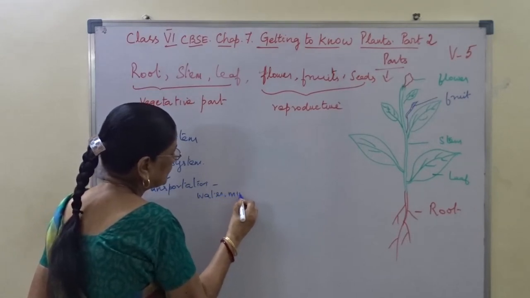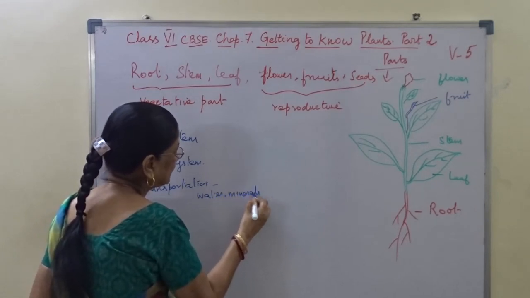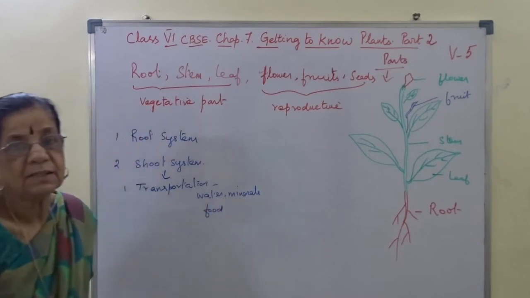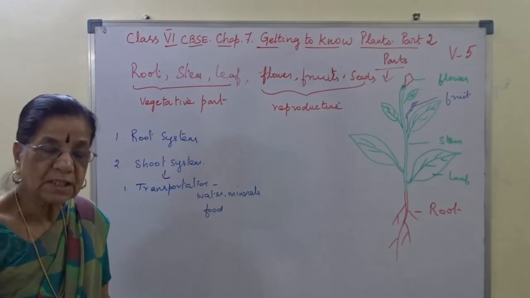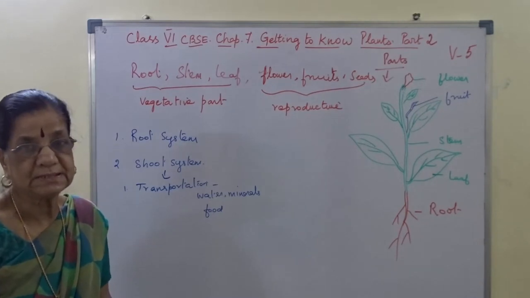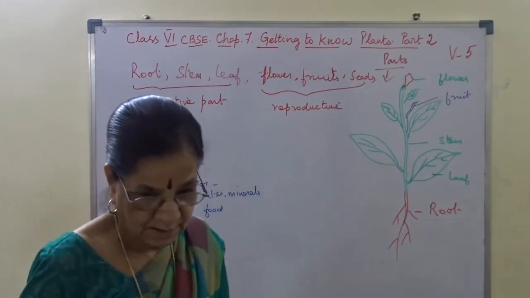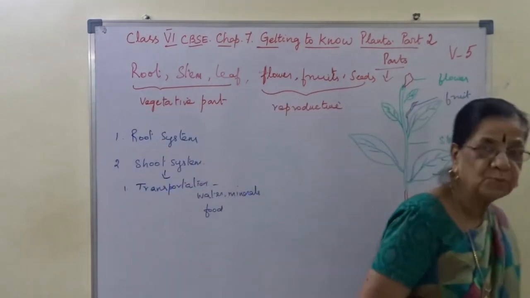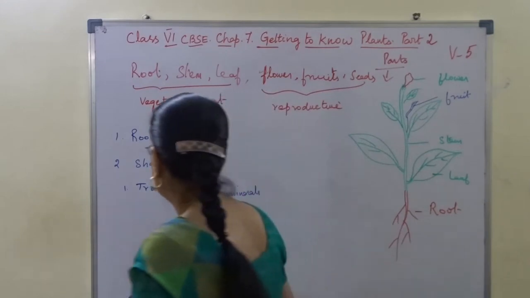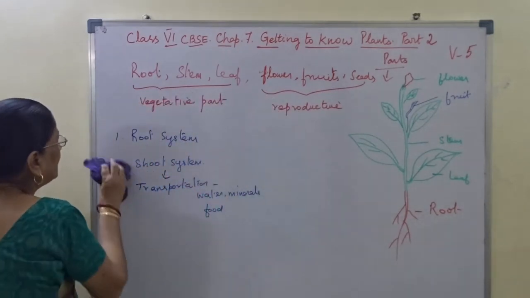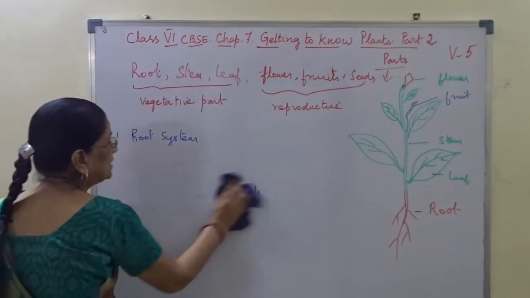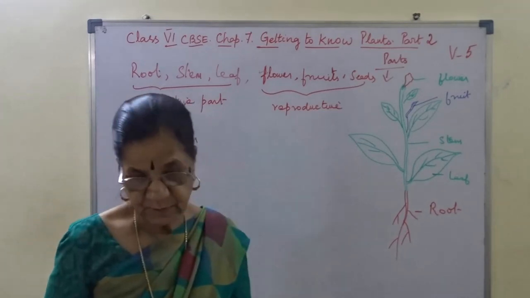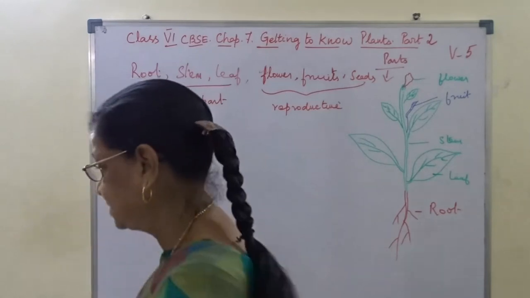It transports water, minerals and food prepared by the green leaves by the process of photosynthesis. Now, first we will see the root system and then come to the shoot system. In our textbook it is the other way, the shoot system is described first and then the root system, but first we will follow the root system.